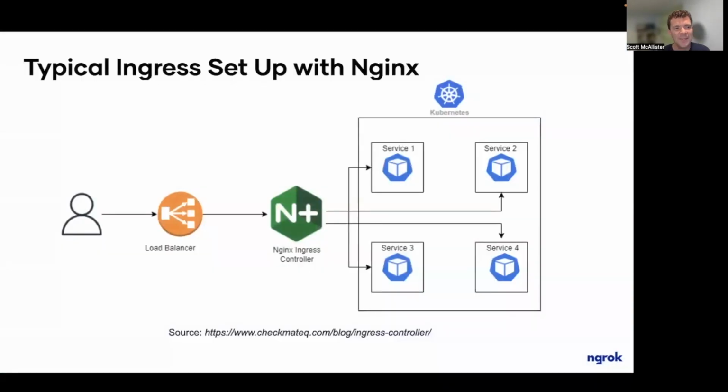So a common setup is to have an Ingress controller providing a proxy to the cluster. So we have an Nginx Ingress controller, and then another Ingress controller that's providing load balancing. In this case, because it's orange on our screen here, we can assume that this load balancer is probably for Amazon, which illustrates the point that the load balancer is usually tied to the environment that you're running in.